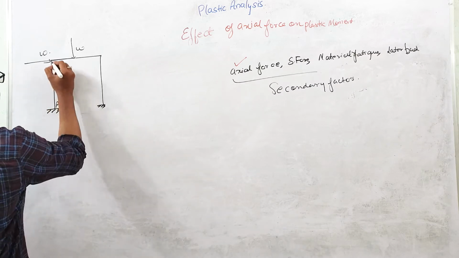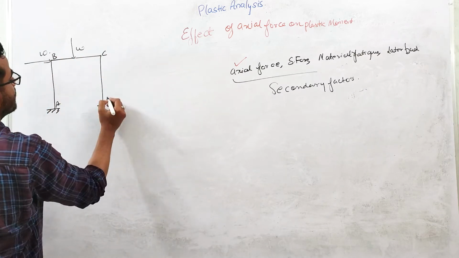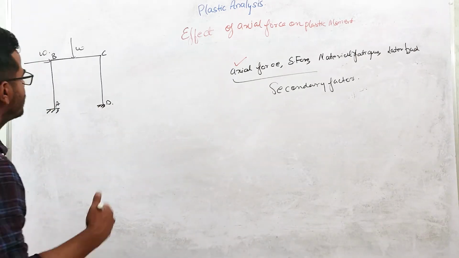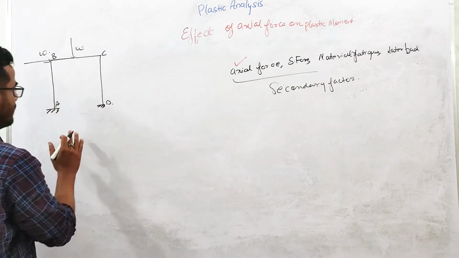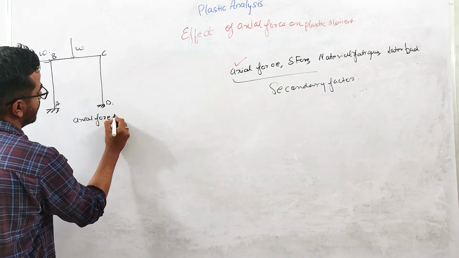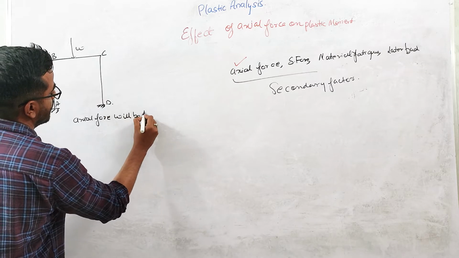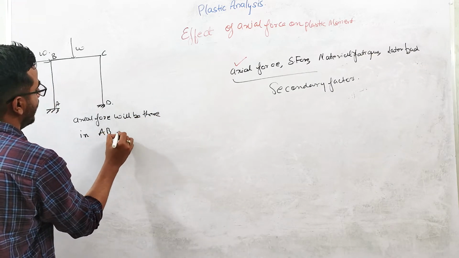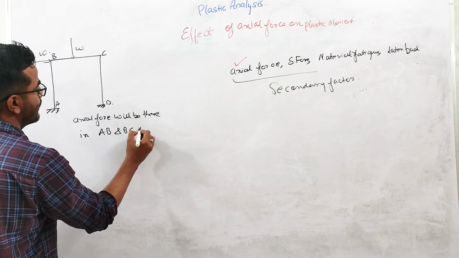This is our column AB, BC is the beam, and CD is one more column. Due to this loading system, there will be axial force in the AB column and the BC beam.